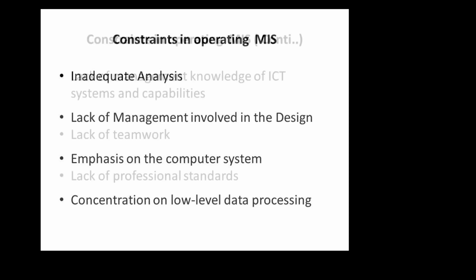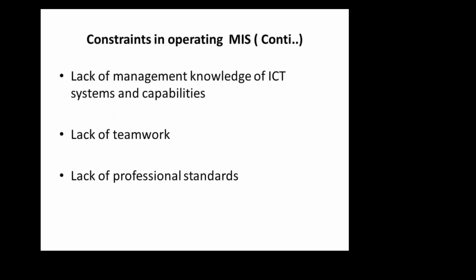Next one, lack of management knowledge of ICT systems and capabilities. ICT, information and communication technology. Managers know what they want from the system, but if they don't understand the technology, that is a problem.